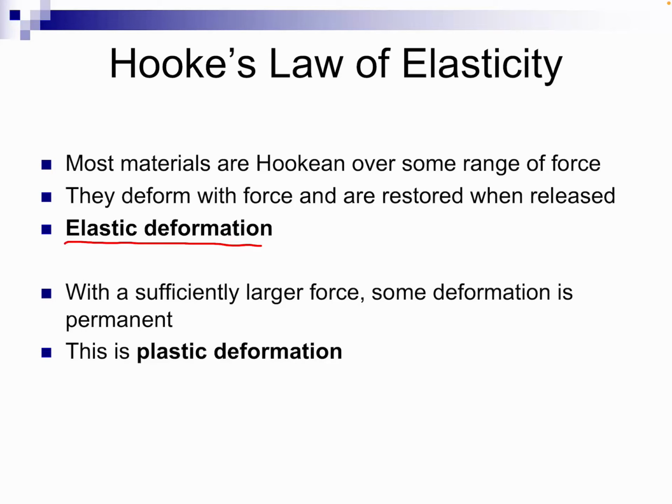But we all know that if we keep stretching a rubber band, or we keep it stretched over a long period of time, there comes a point where if you remove the stretching force, the rubber band doesn't go back to its original shape. In that condition, we say that the object has undergone plastic deformation.